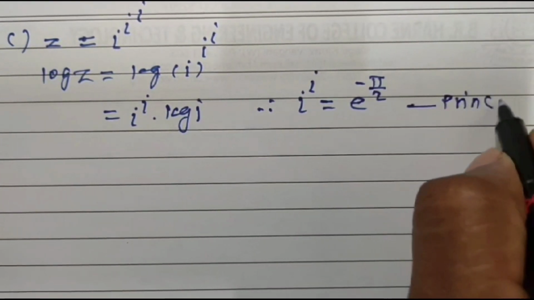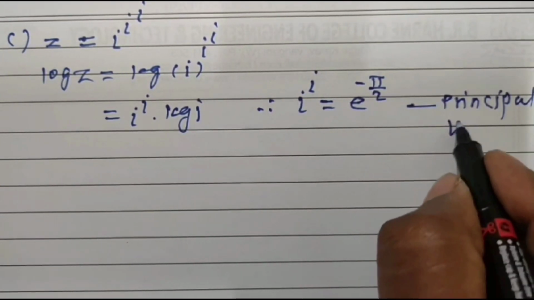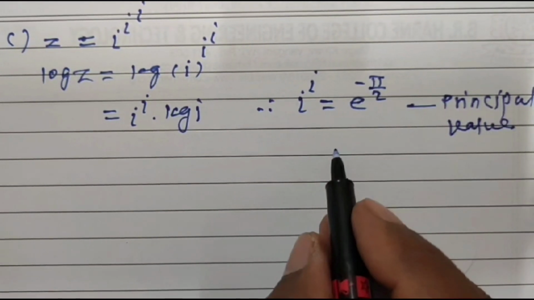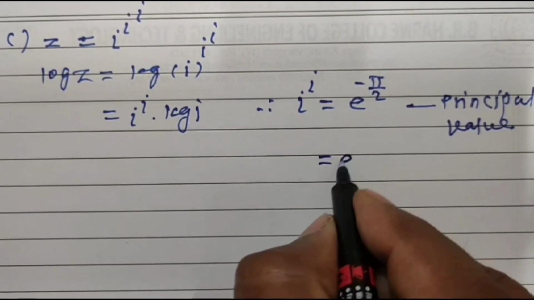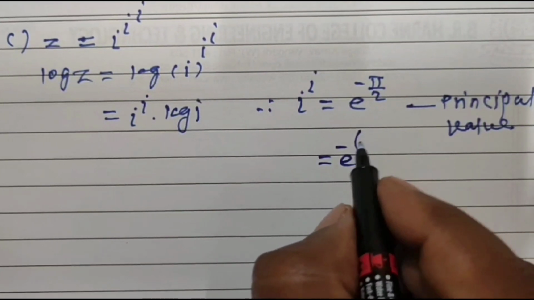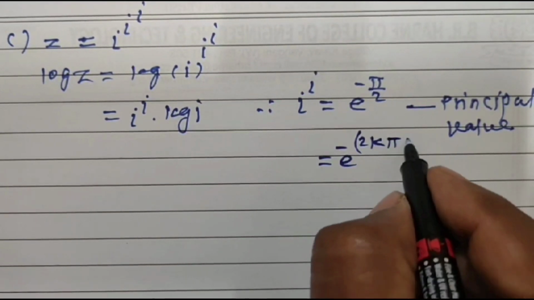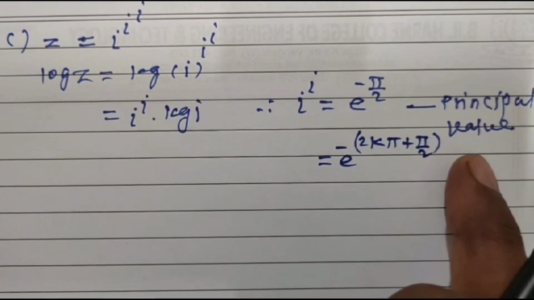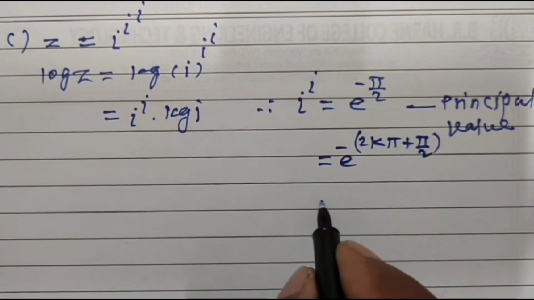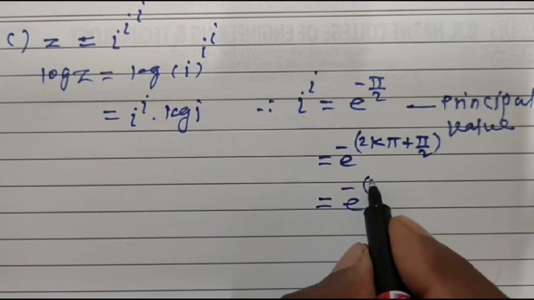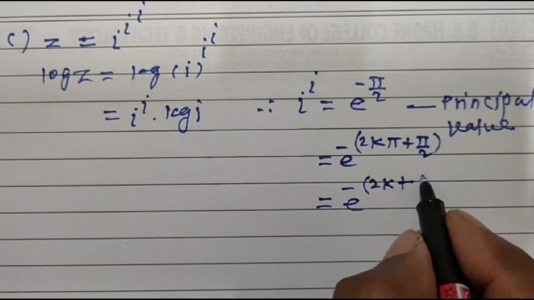If we add 2k pi in theta, that gives the general value. Hence e to the power minus of 2k pi plus pi by 2. If you want, you can take pi common from here. So this is equal to e to the power minus of 2k plus 1 upon 2 times pi.